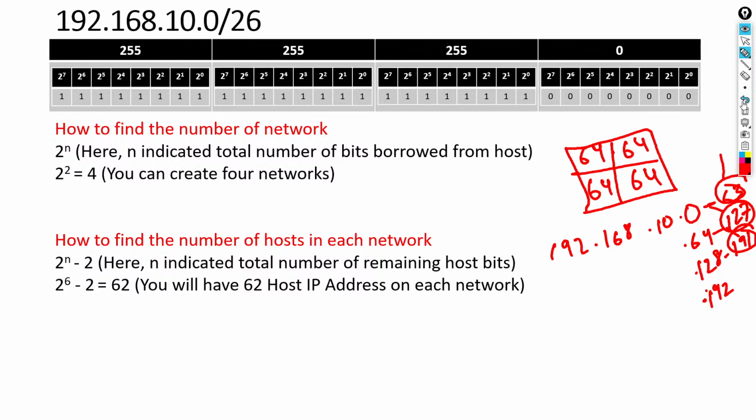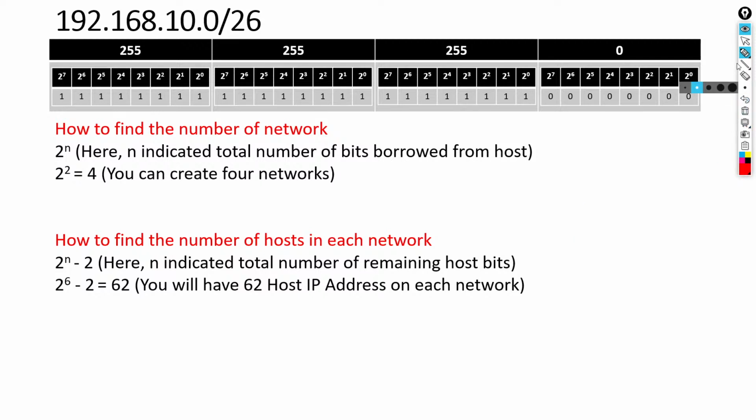In an interview, or if you go to write a CCNA exam, they are going to play with your mind. For example, they will ask you: 192.168.10.72/26, which network does this IP address belong to?